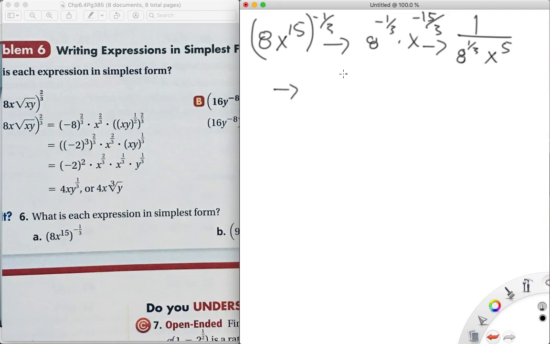I can rename 8 to the 1/3 as 2 to the 3rd to the 1/3, times x to the 5th. These guys cancel, so I'm left with 2.